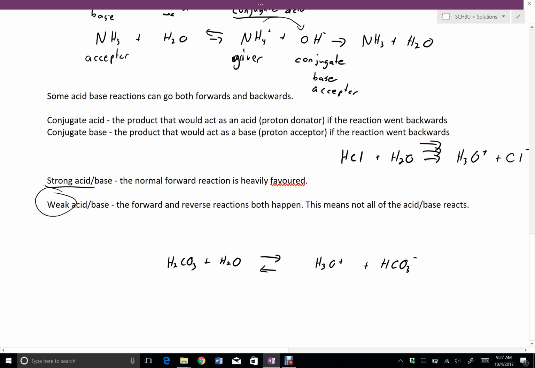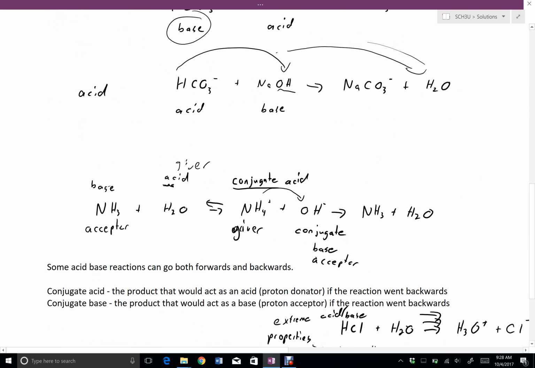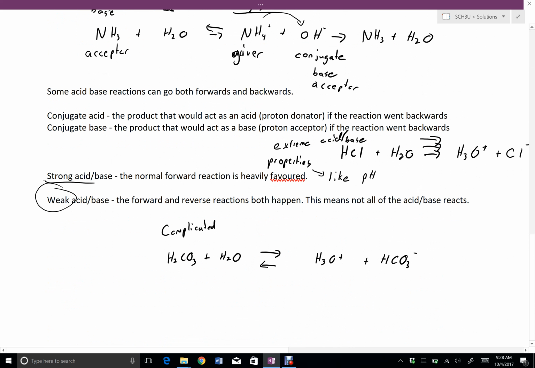These guys obviously have much more extreme acid/base properties, like pH. And these guys are obviously a lot more complicated and often can do things like be amphiprotic and all kinds of other stuff like that.